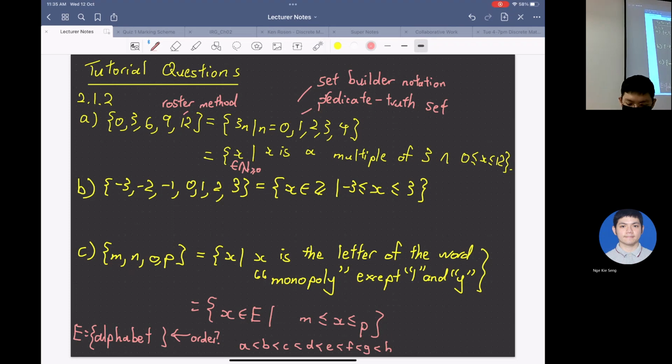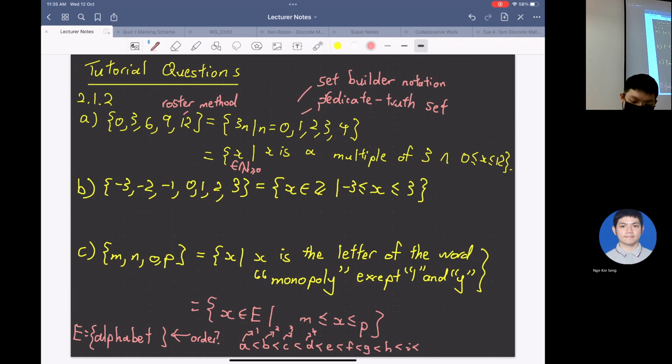If you have this order on the alphabet, then you can do this. One way to give this order is to form a map between A, B, C with 1, 2, 3. Yeah, you can do this.